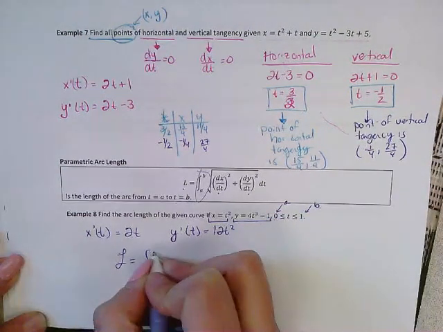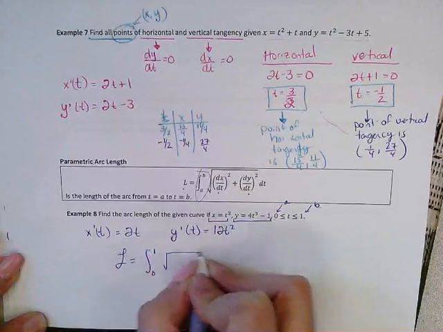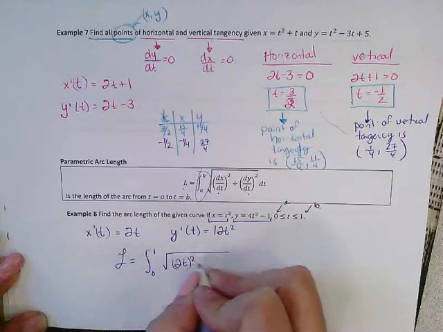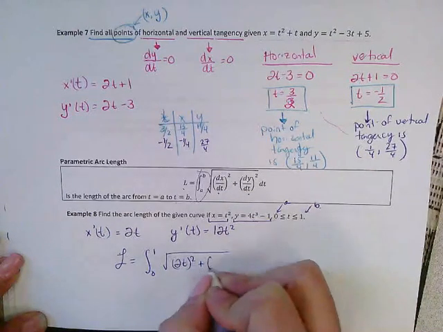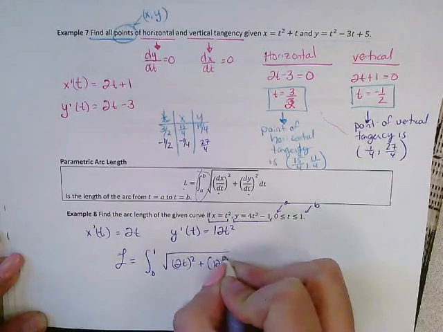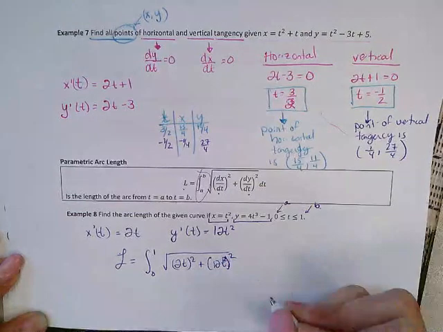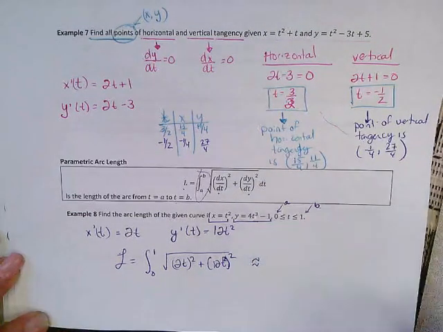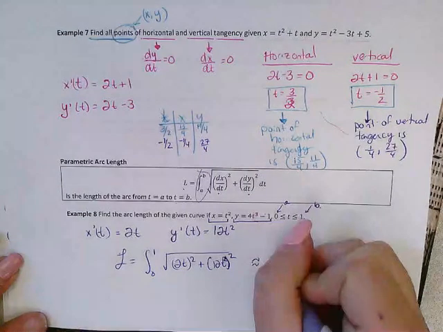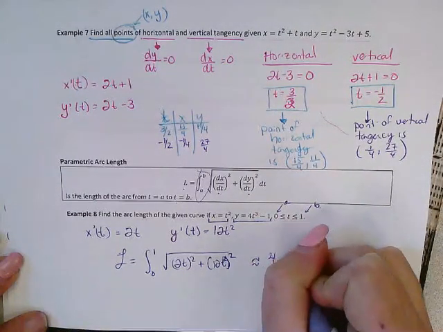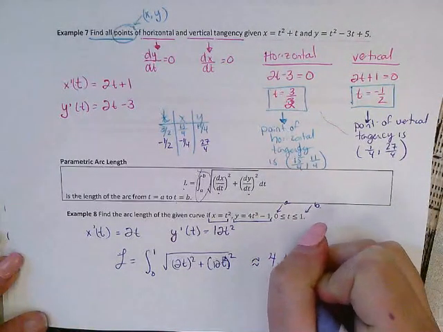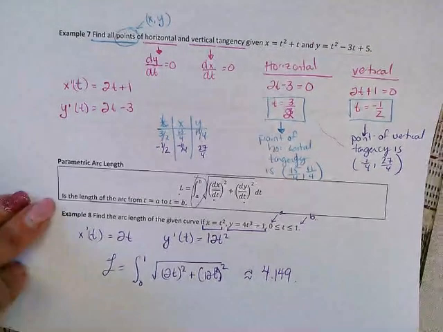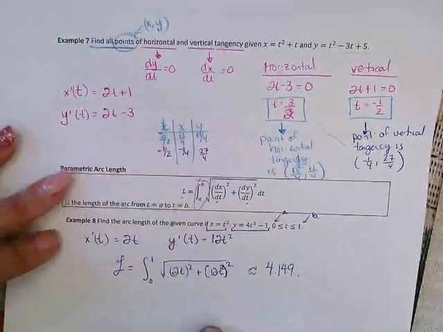So it's from 0 to 1 of the derivative of x squared plus the derivative of y squared. You have to plug this into the calculator. I mean, you could clean it up a little bit nicer without a calculator, but if you plug it into the calculator, you get 4.4149.